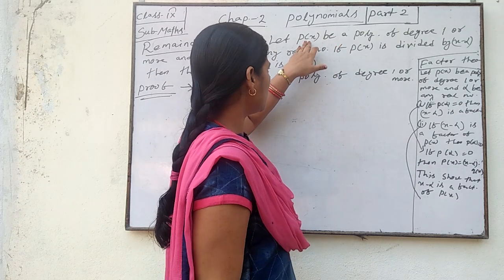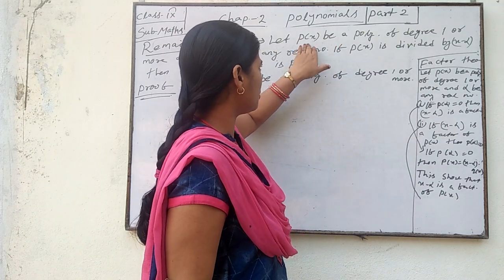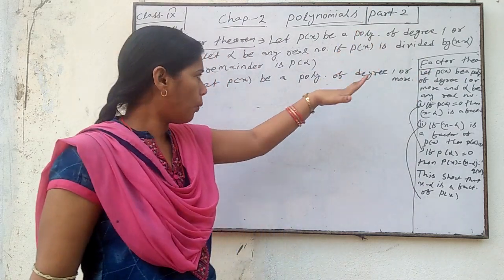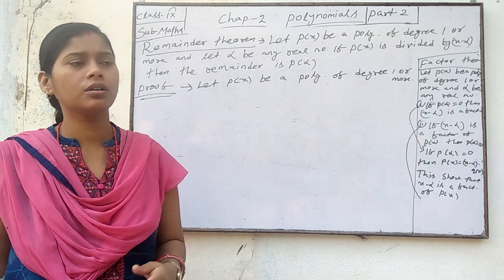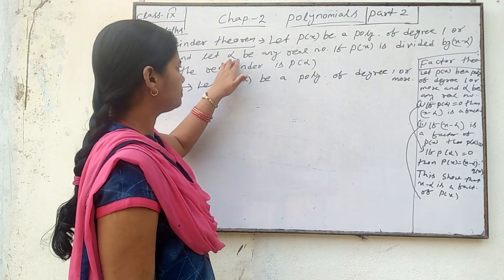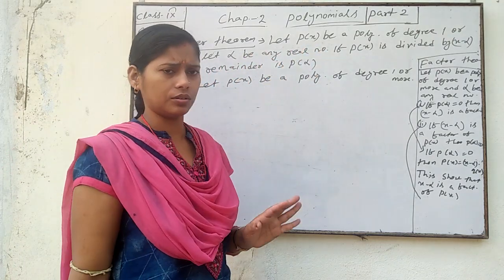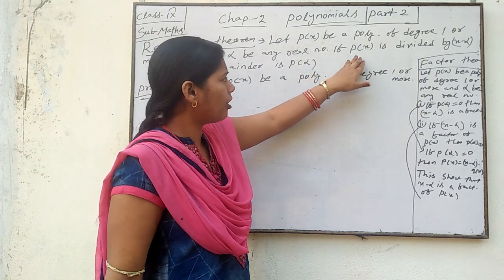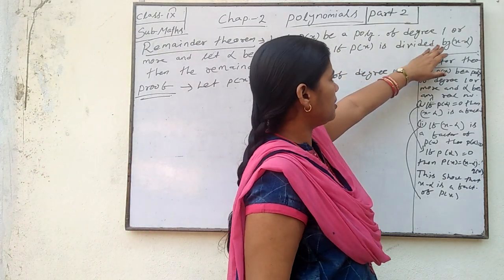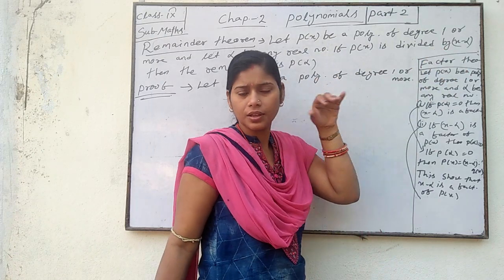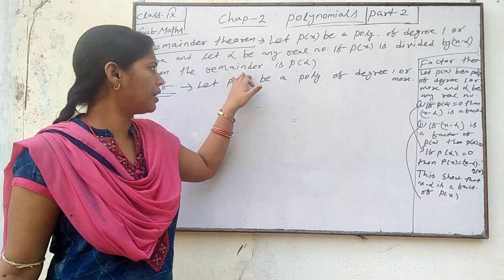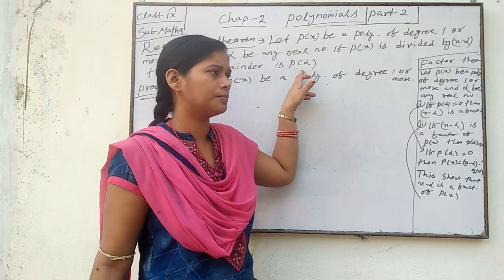So this is your polynomial, denoted by p of x, a polynomial of degree 1 or more, and alpha be any real number. If p of x is divided by x minus alpha, then the remainder is p of alpha.